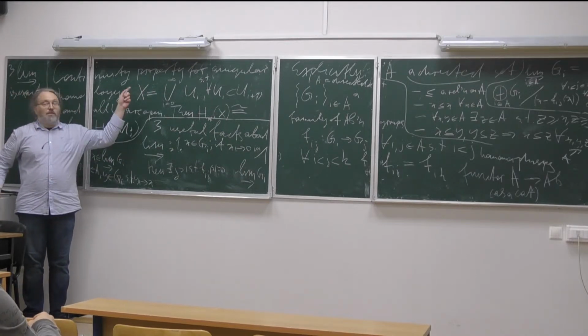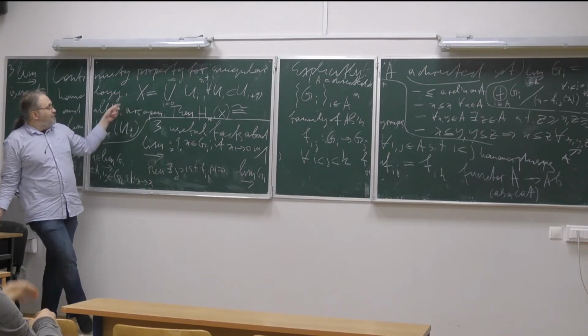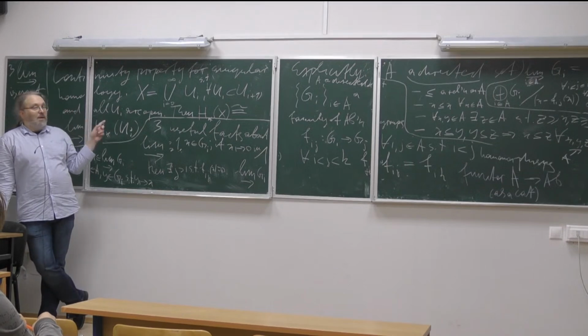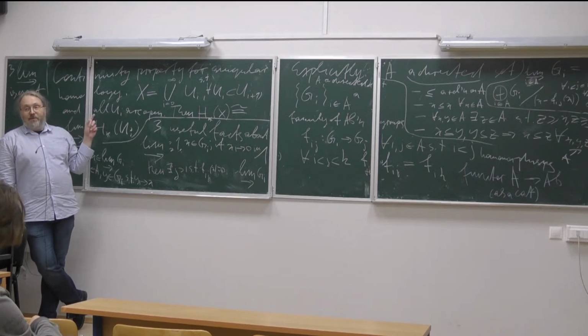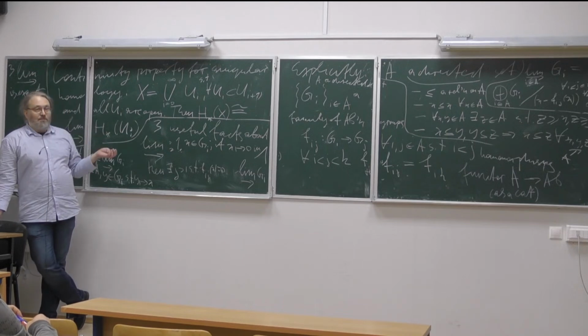Anyway, I encourage everyone to read something about direct limits, whether in Hatcher's book or elsewhere. Probably Hatcher's book is best because it contains just the bare basics, and this is all we need.